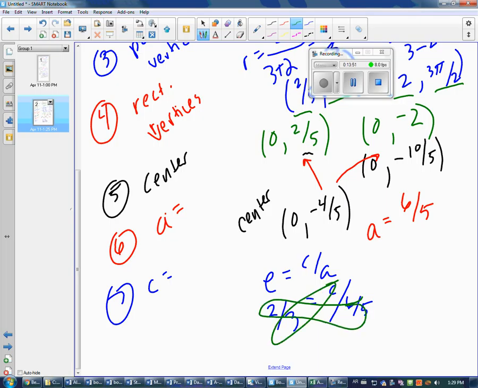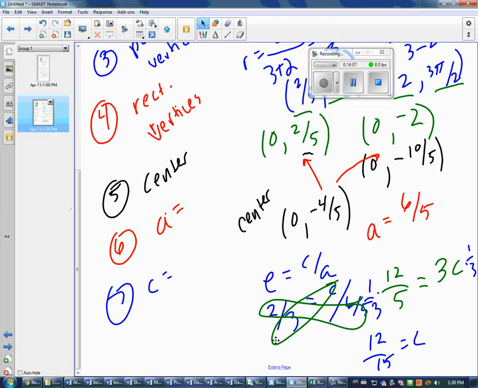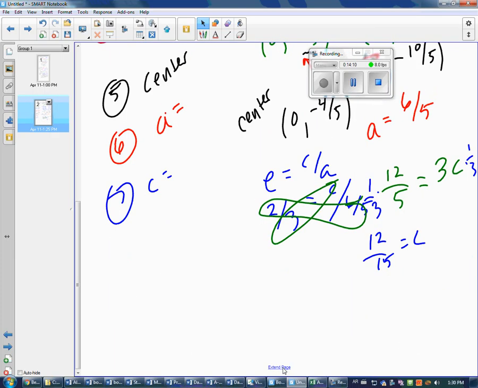So I'm going to get 2 times 6/5 is 12/5 equals 3C. To get rid of the 3, I'm going to multiply both sides by 1/3. So I have 12 over 15 equals C. Both of those numbers are divisible by 3. I'm going to reduce. That's a 4/5.